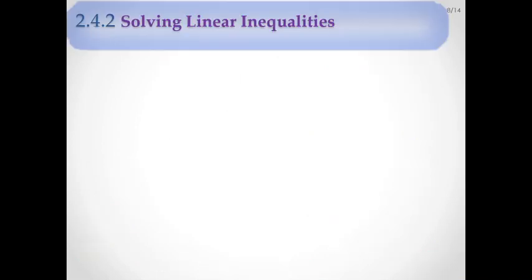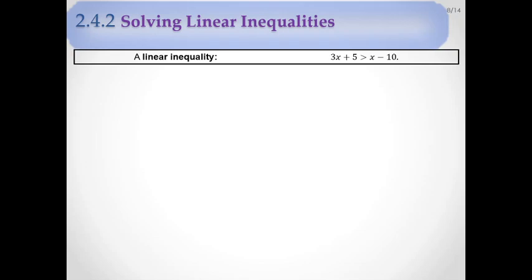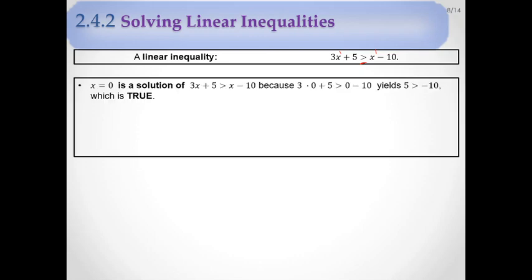Now let's see how to solve the linear inequalities. First, let's see what a linear inequality is. A linear inequality involves the first power of x, and there's an inequality symbol. So this is called a linear inequality. What is the solution of a linear inequality?